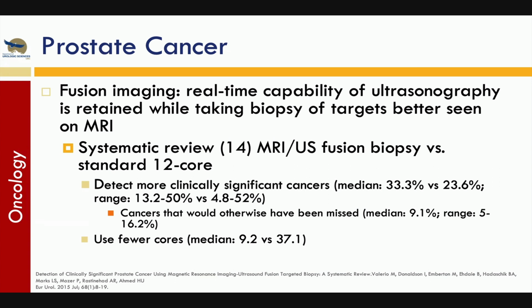And a number of cancers that would have been missed by just systematic biopsy are found on the fusion ultrasounds. And the other thing is that a lot of centers have moved away from doing systematic plus a target biopsy. So because you're only doing the target biopsies, you can use fewer cores.